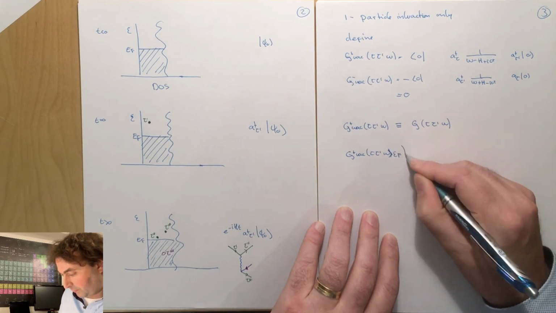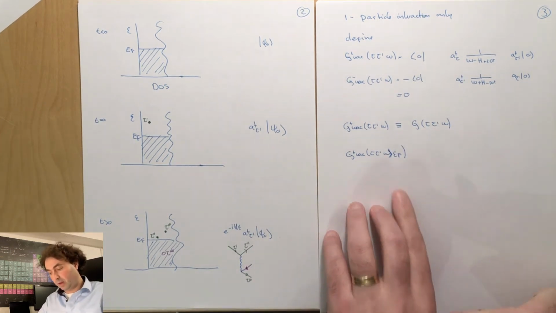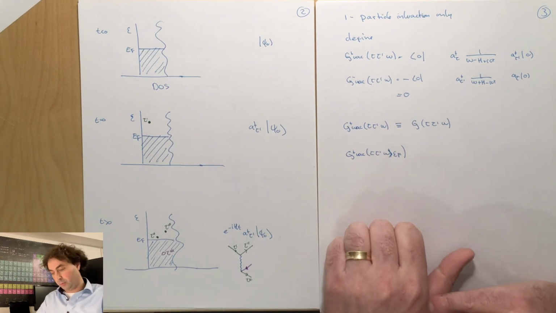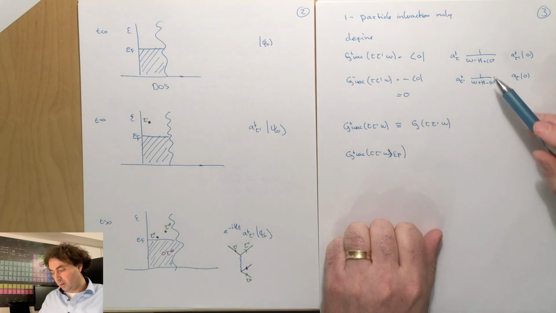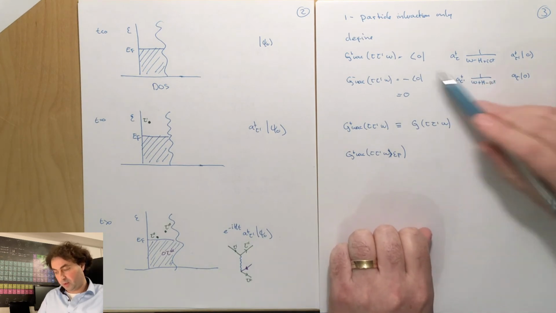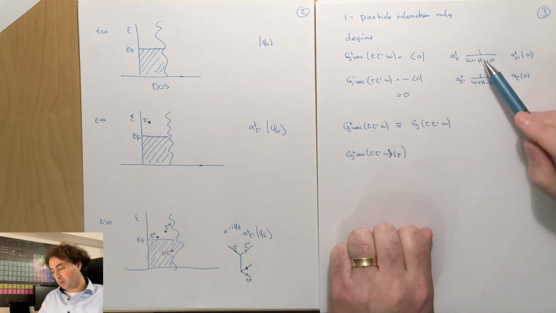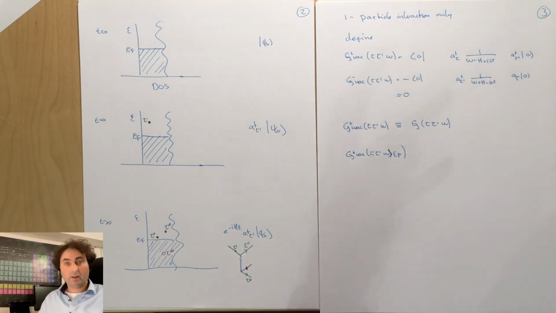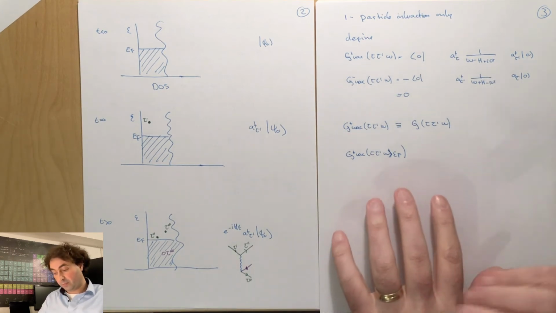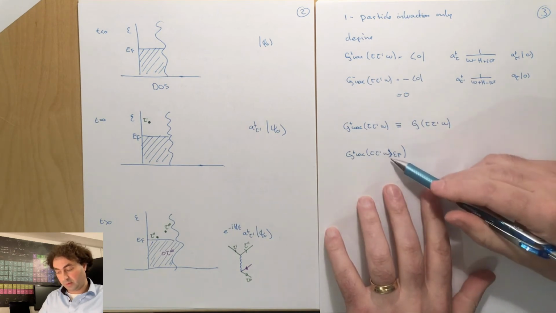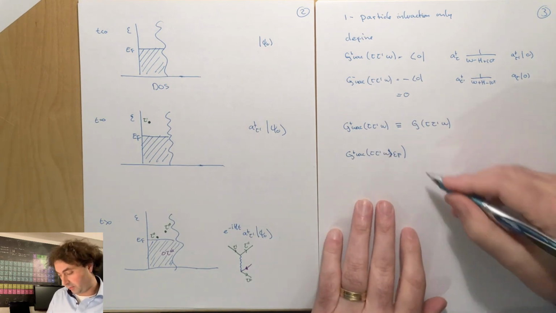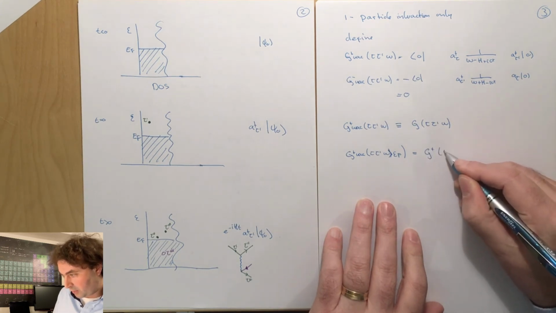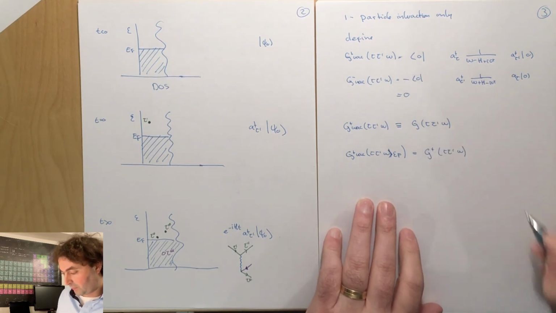If we look for the case where our eigenenergy is larger than the Fermi energy, then we know that this is just a G plus, so the poles of our Green's function in K-space track the energies of the eigenstates. And the same is true for the case when omega is bigger than EF. So this has to be equal to G plus tau prime of omega.